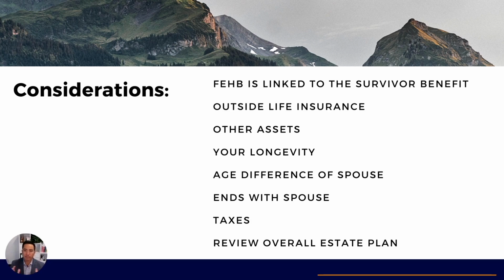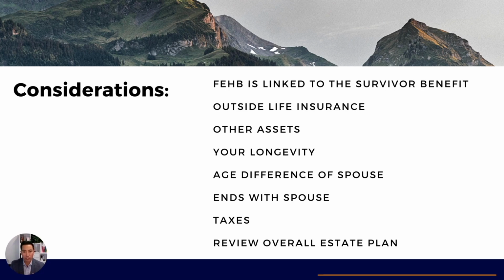You need to understand how it works, the math of it, of course, but there are other considerations that are key. FEHB, which is the Federal Employee Health Benefits, is linked to the survivor benefit, right? So in other words, someone has to be receiving a FERS annuity, whether it's a retired annuitant or a survivor, in order for federal employee health benefits to be available.